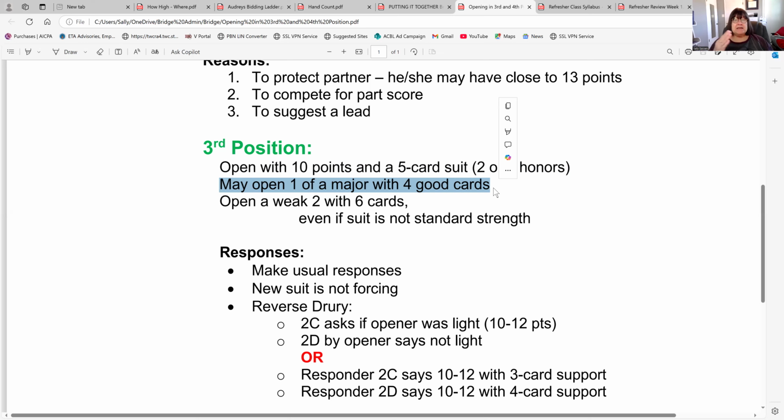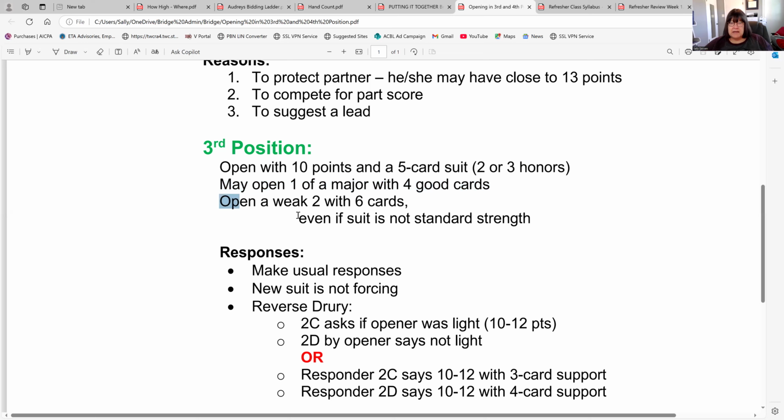If you have the ace, king, queen, jack of hearts in third position, we kind of relax the rule a little bit about having to have 5 in the suit. So if you've got really good 4 cards in third position, you might open the suit without having 5. Don't do this a lot, but you can do it.